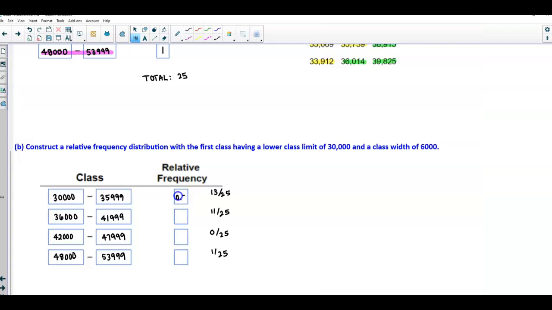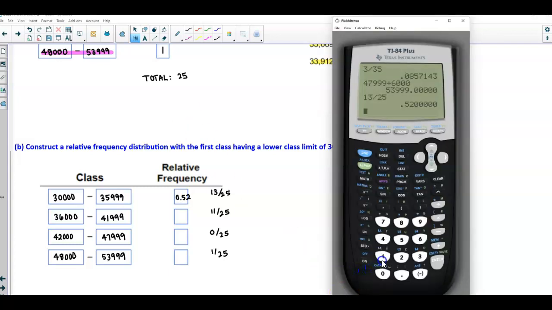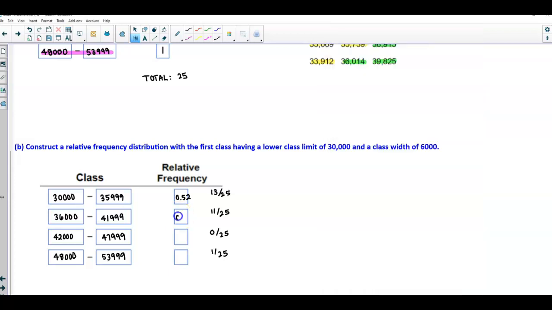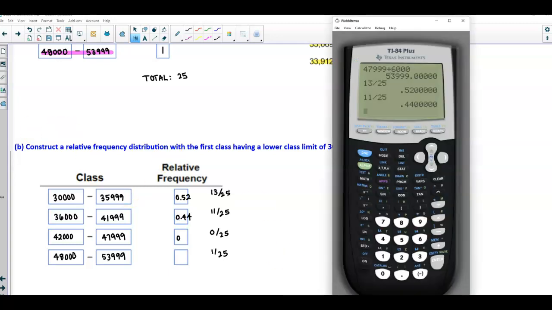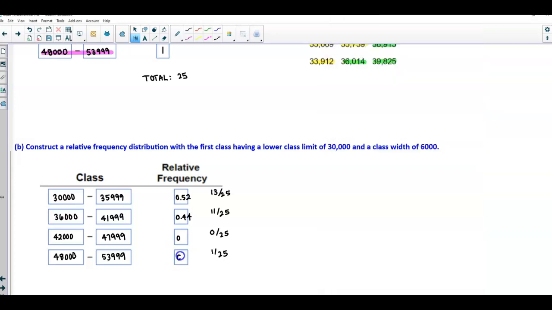If we take 11 and divide that by 25, that gives us 0.44. 0 divided by any number is just going to give us 0. And 1 divided by 25 is going to give us 0.04. Just to keep with the place values, we'll write it that way.